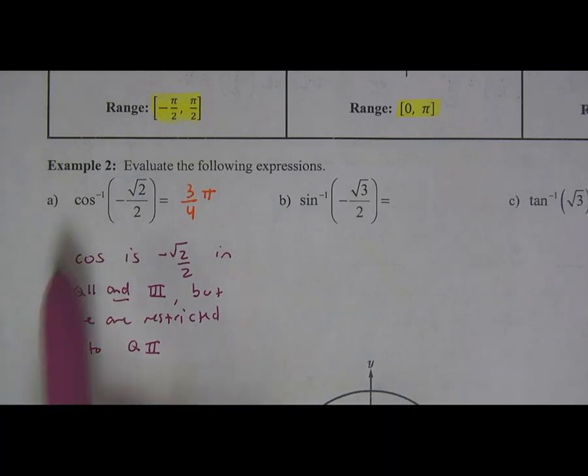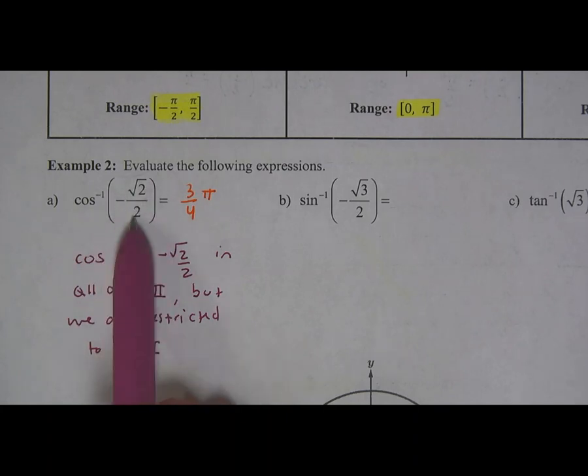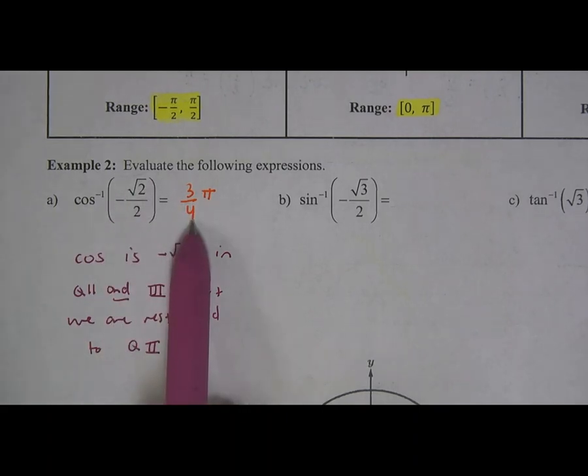So again, I found where cosine was this value and then narrowed it down based on the restricted range.